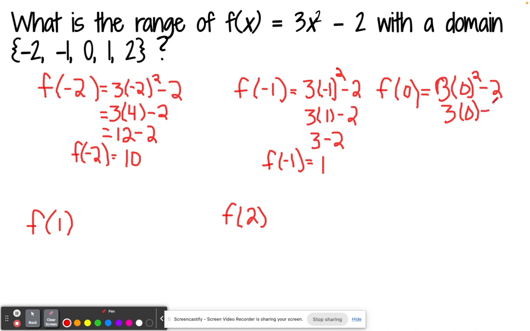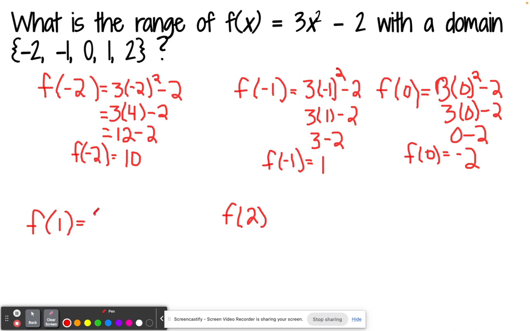Minus 2. 3 times 0 is 0. Minus 2. So my f of 0 equals negative 2. Last two.